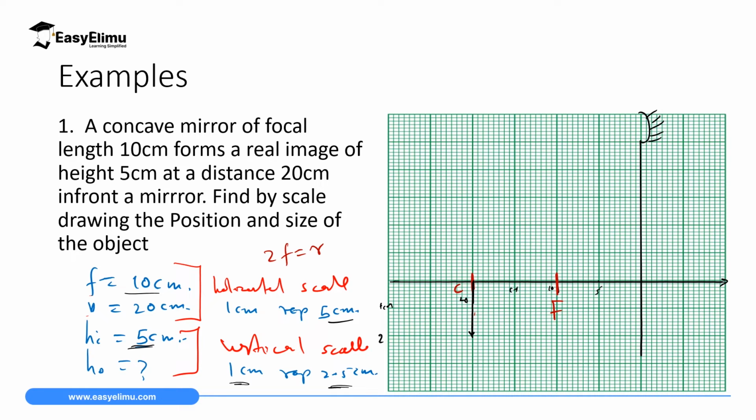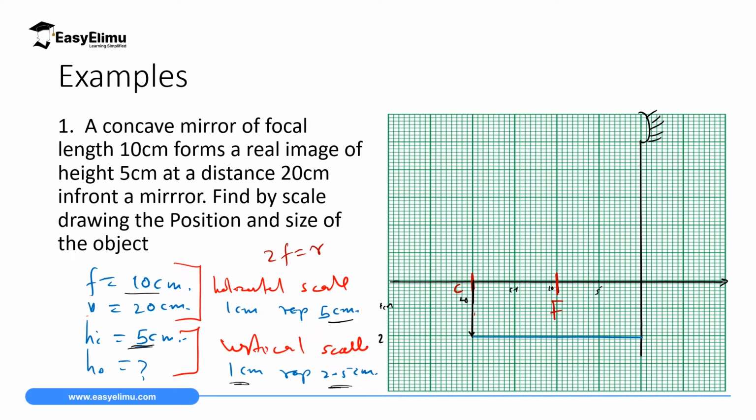A ray from the tip of the object through point F was reflected parallel to the principal axis, and it formed the tip of this image. So for us to redraw that, there was a ray to the mirror parallel to the principal axis, which was reflected like this.